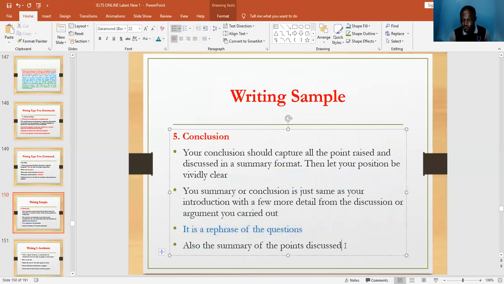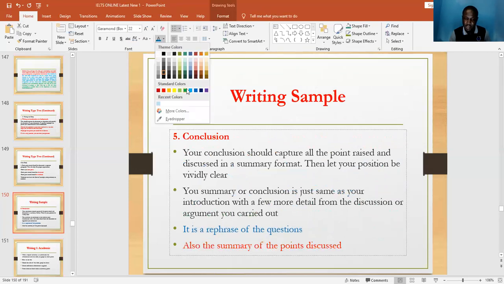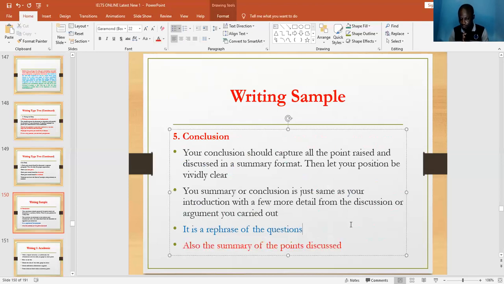You need to rephrase the question and you need to summarize the points that were raised and discussed. Yes, that is what your conclusion should be all about. Rephrase the question and summarize your point.